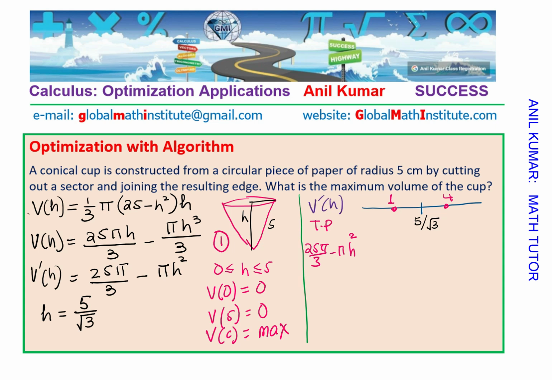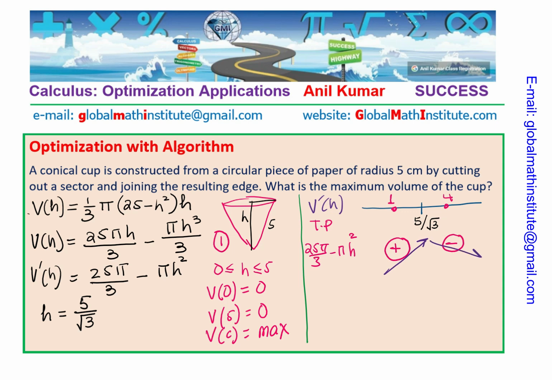If I plug in 1 here, 25 pi over 3 is greater than pi, so we get a positive value. But if I substitute 4, we are taking out a very high number, and therefore this value will be negative. What we see is that the rate of change changes from increasing to decreasing, and therefore this point is a maximum. Makes sense? So this was using the second method.